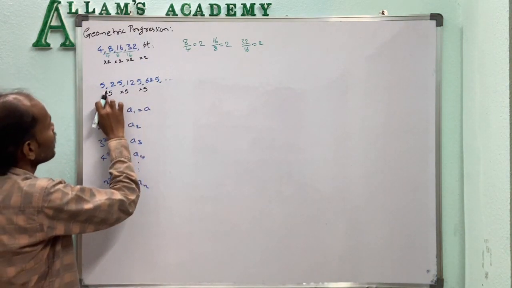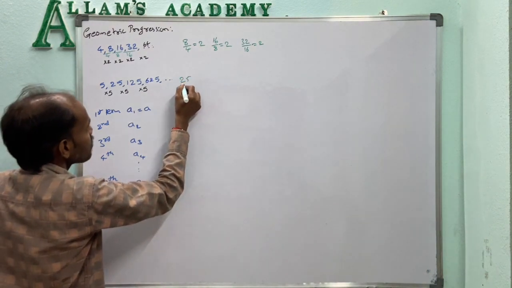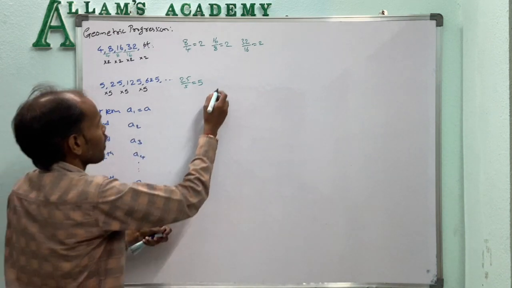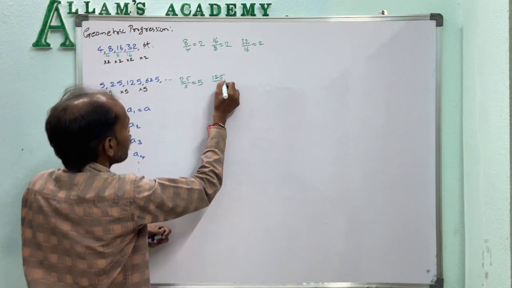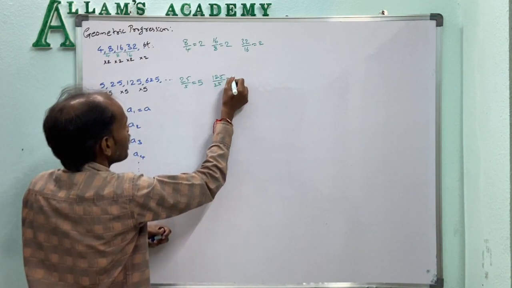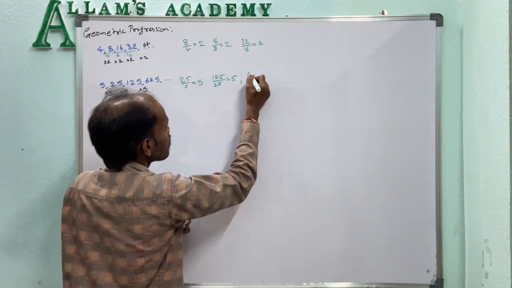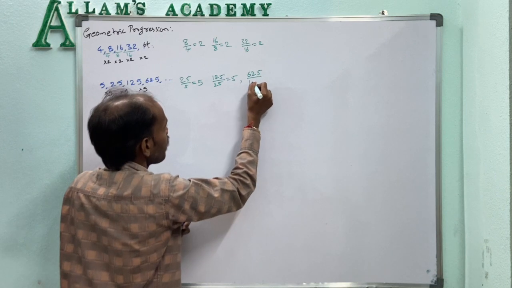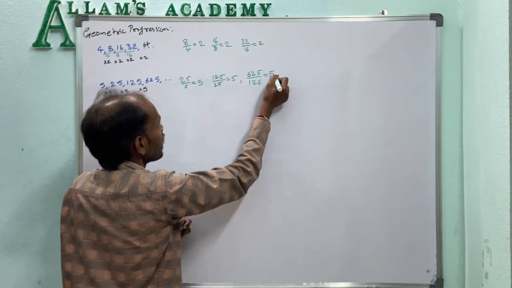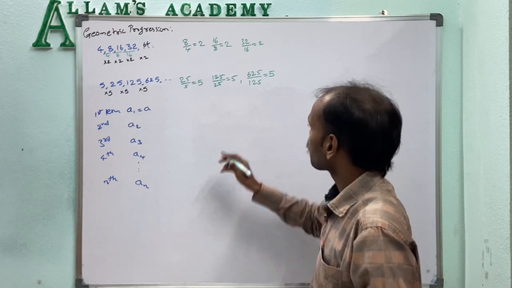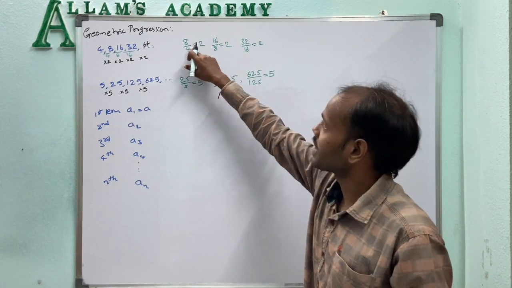Here also, 25 divided by 5 gives 5, the fixed number, and 125 divided by 25 gives 5. Next, 625 divided by 125 also gives the fixed number 5.